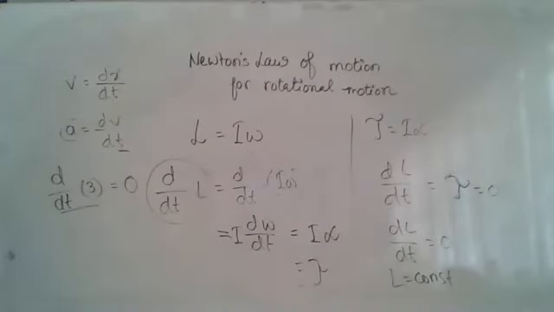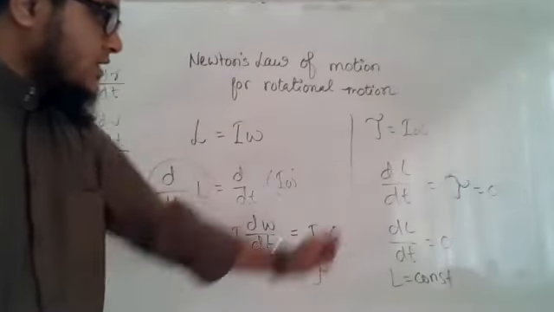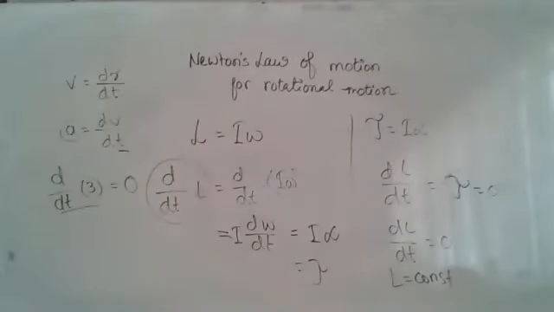Does anybody have any doubt that L is equal to constant? So we have proved that if the net torque applied is 0, then angular momentum is going to be conserved. If anybody has any doubt, this is the time to ask.